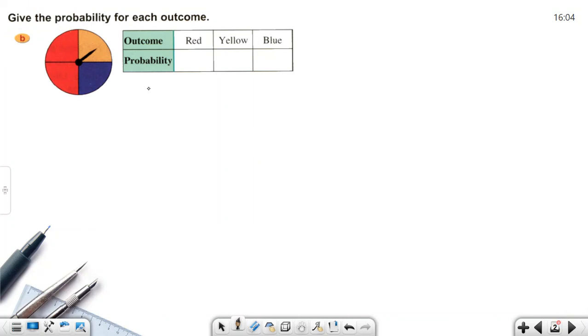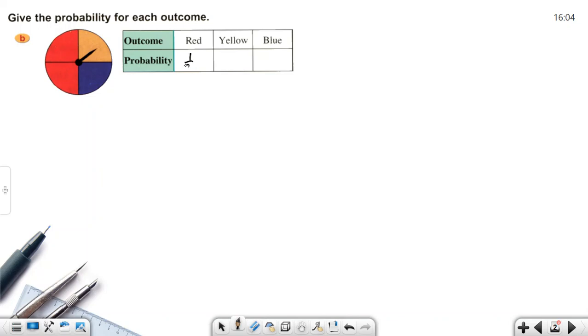When we talk about probability, we are talking about the chance of something happening. When you spin the spinner, it will spin around and land on a color. What is the probability of red? As you see, half of the circle is colored red.